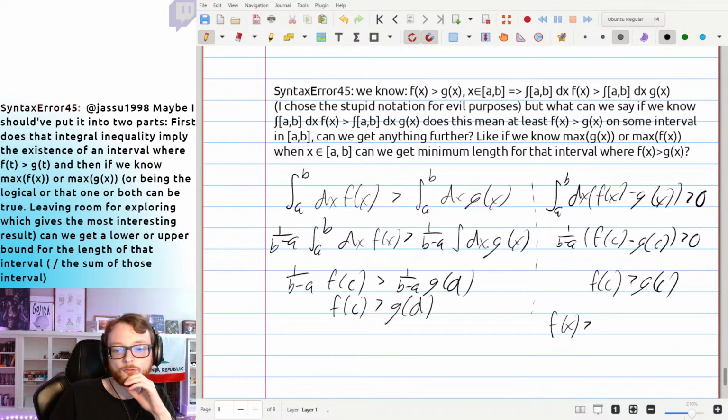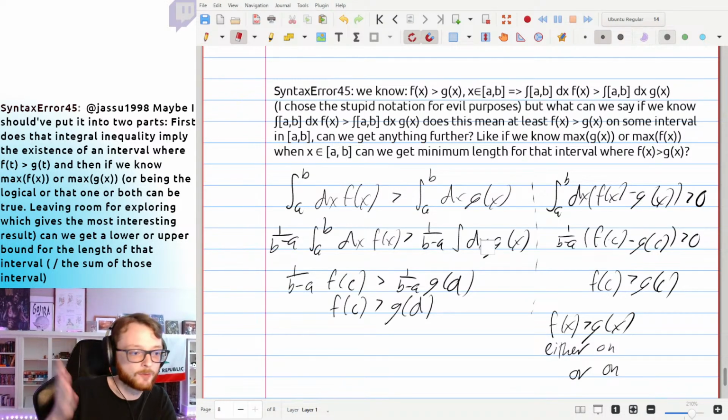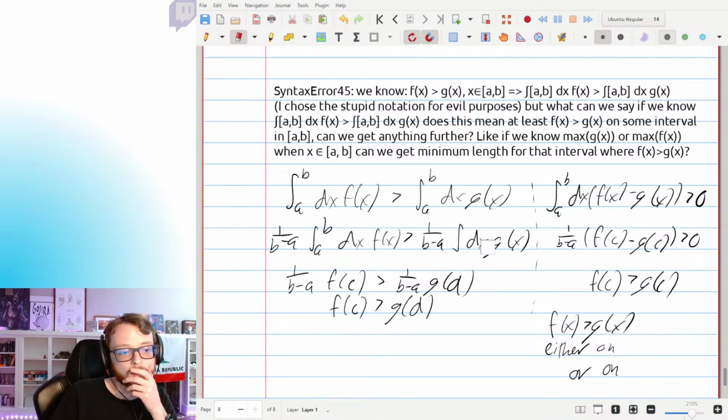I think this would imply that f of x is greater than g of x on (c, something) open. Well, we can do or equal to. No, we can do strictly greater. Or on (c, b)? Well, that's not, no. Because there could be multiple places where they dip above and below each other.